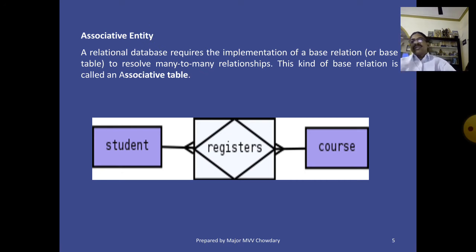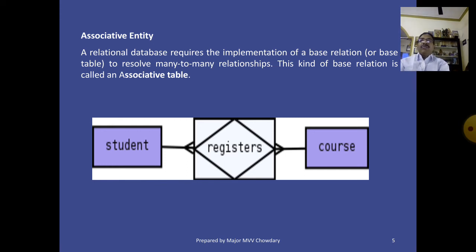Next one is associative entity. An associative entity is also known as a composite entity. A relational database requires the implementation of a base relationship, that is a base table, to resolve many to many relationships. We use associative entities.